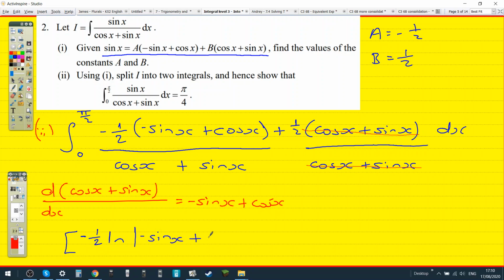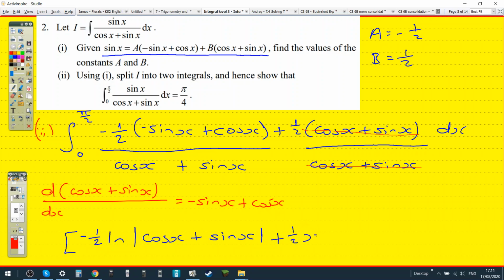Oh, sorry. Do you have to put in the differential, the actual function? No, sorry, it's the denominator. So ln of the denominator, integral of a half with respect to x. Half x.